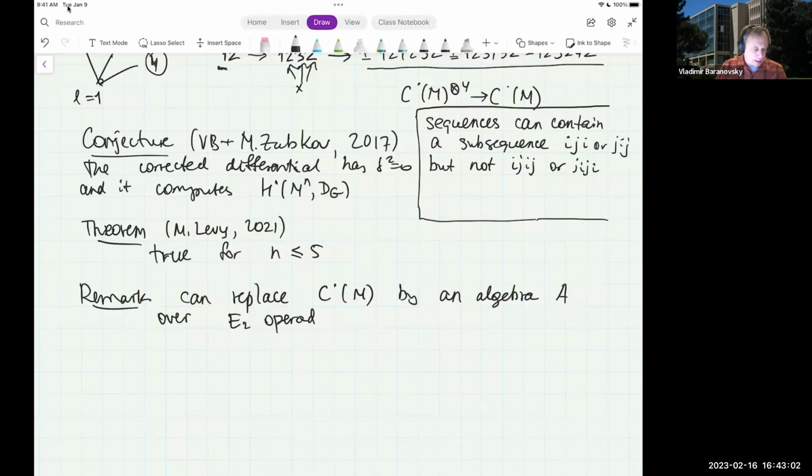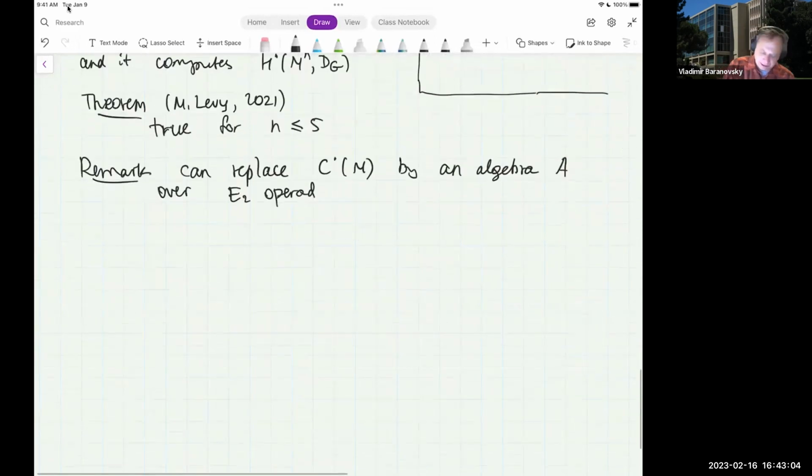Now let me briefly, as I only have 7 or 8 minutes, indicate the relation with mapping spaces.